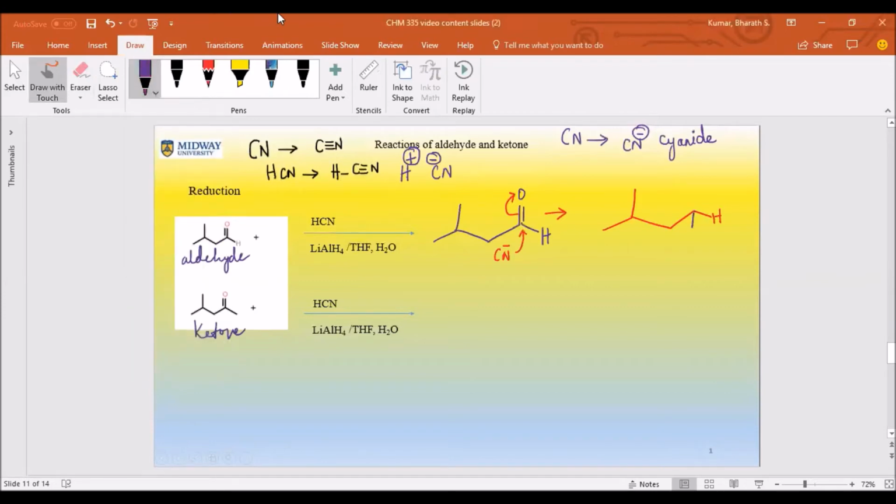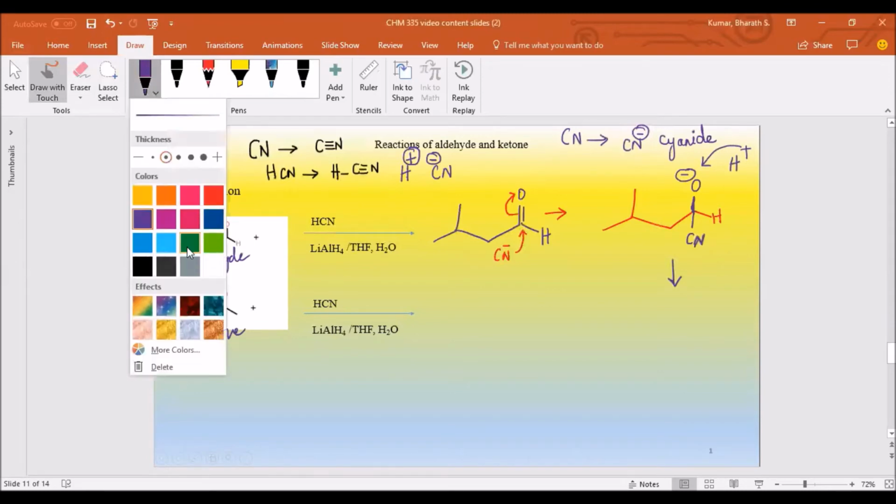You've attached the CN to this carbon through the negative charge, and then the oxygen now gets the negative charge. Something has to take the negative charge, and it's the oxygen. Now the H plus reacts with the negative charge, and it gives you your product.